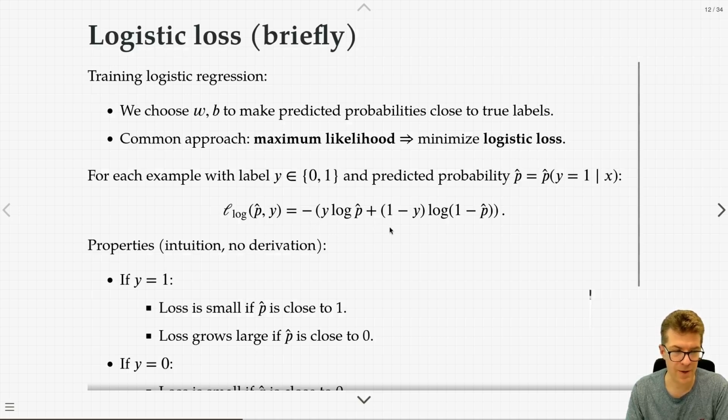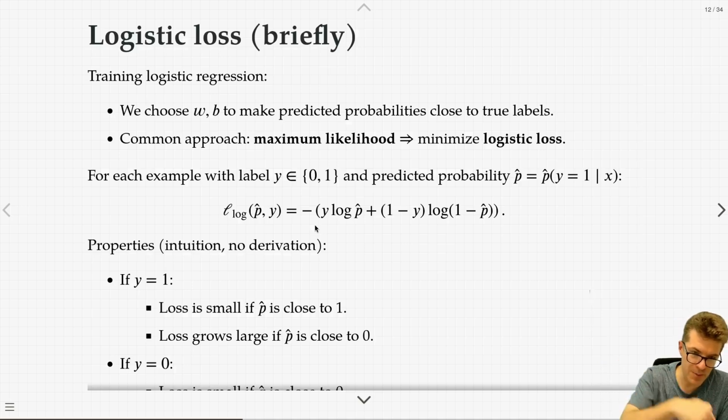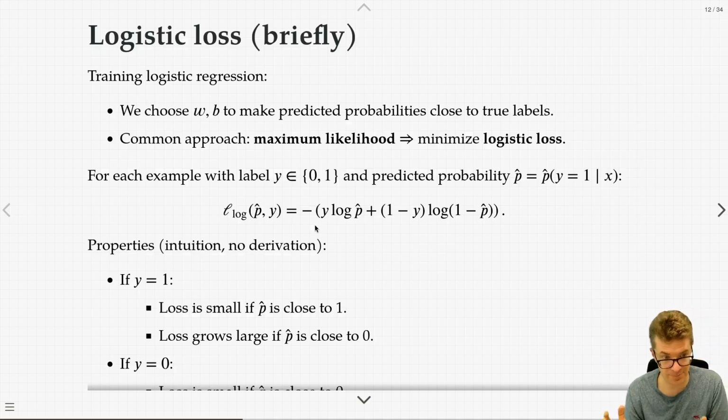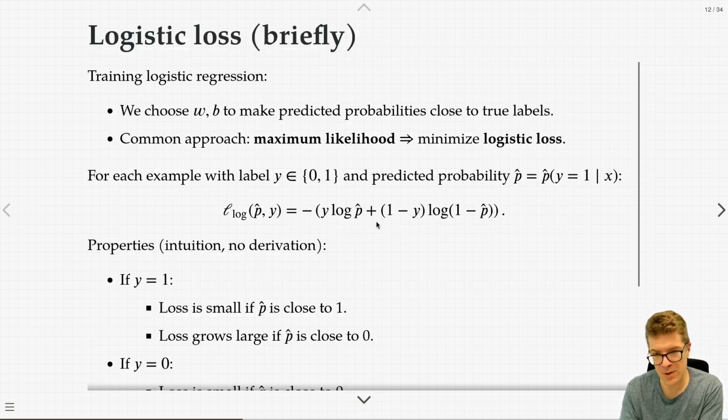So if p hat gets bigger and bigger, then you're dealing with more and more negative values, and therefore you can minimize by maximizing the value of p hat. And that's why this function exists the way it is. This is sometimes called cross entropy for reasons that also exceed the scope of this class, but this is the cross entropy loss function, which is used for binary classification of this type and other types.